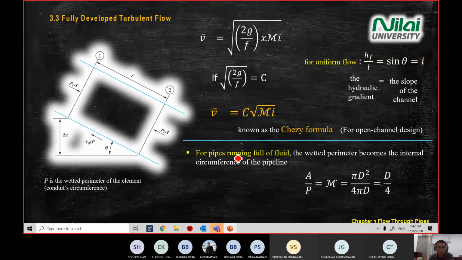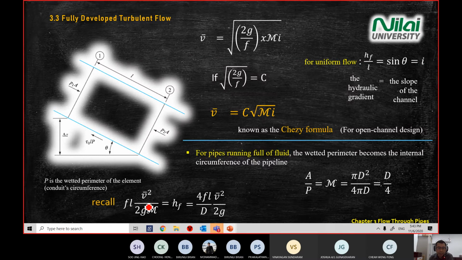For a pipe system flowing full, the wetted perimeter becomes the internal circumference of the pipe, which means our M is defined by A divided by P. So A equals pi D squared divided by 4, and P is pi D. Then we simplify, and it becomes D divided by 4.